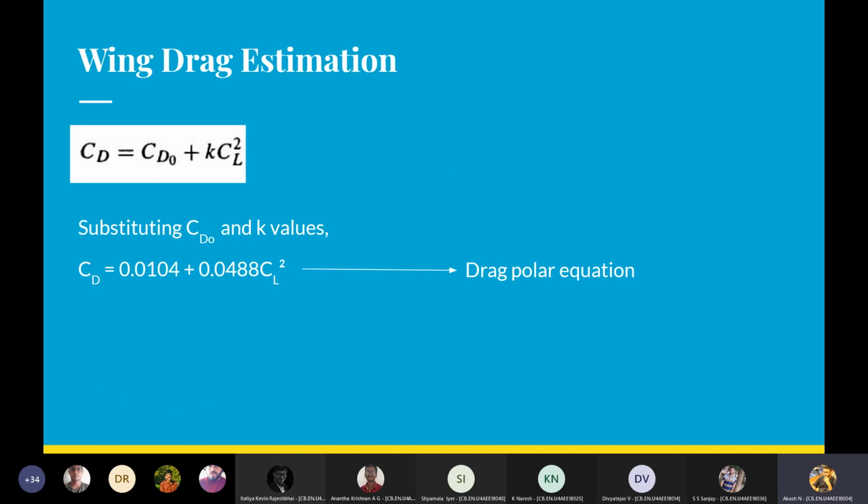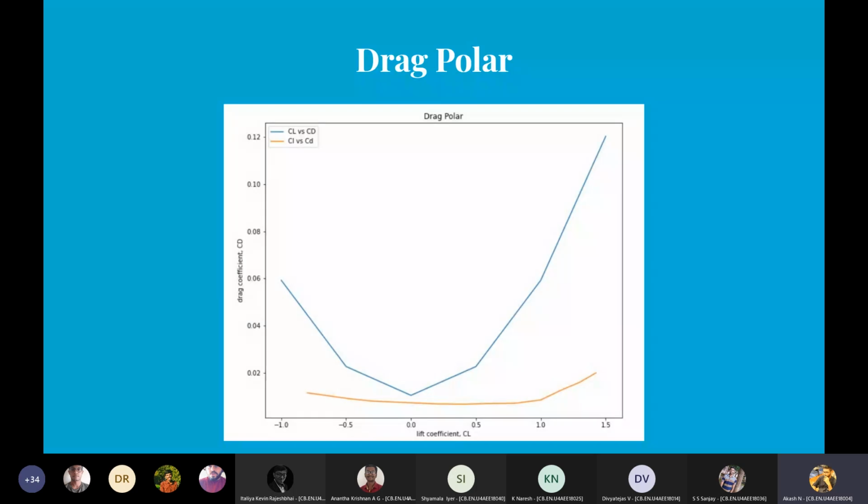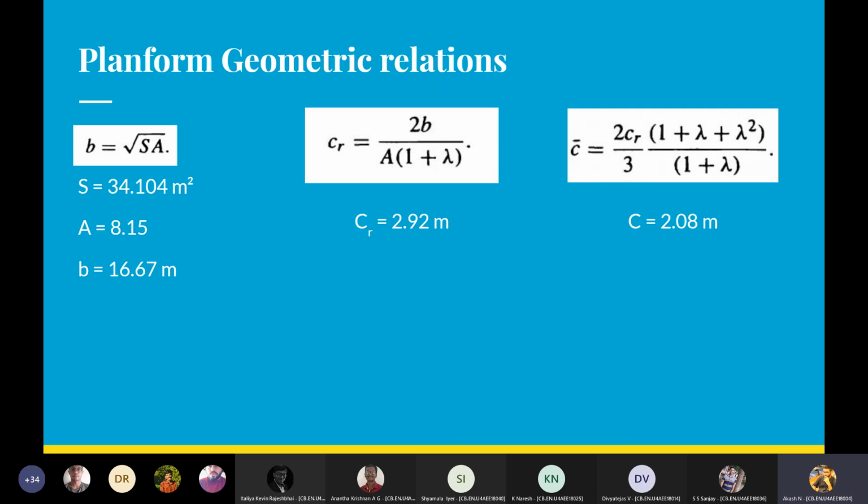Putting all these values in the drag polar equation, we found the drag polar equation. And this is the drag polar plot for both the 3D and 2D wing. And these are the other planform geometric relations which we will need for designing the wing.